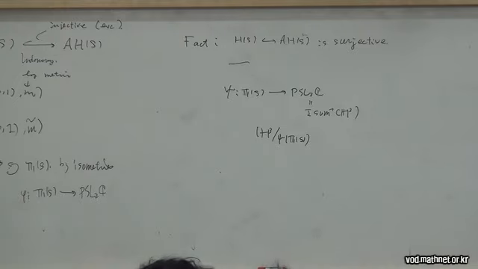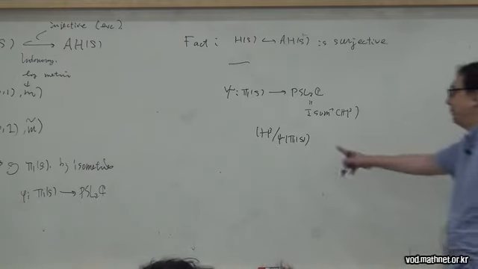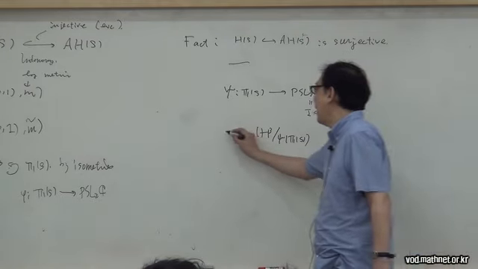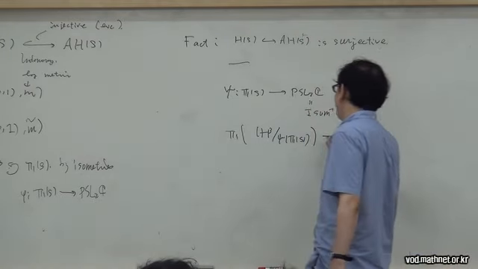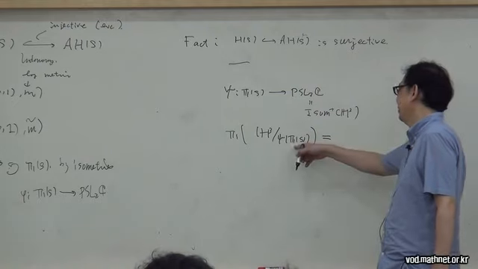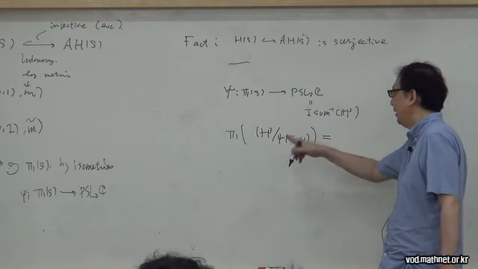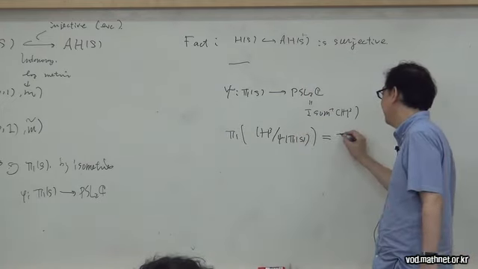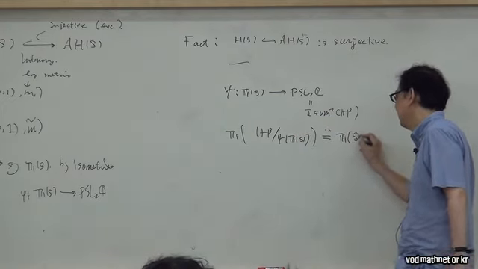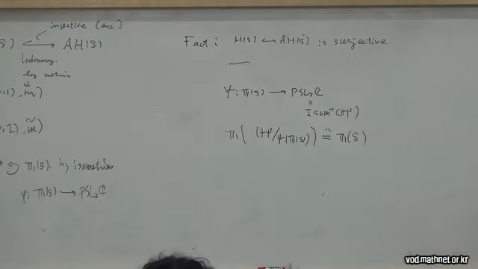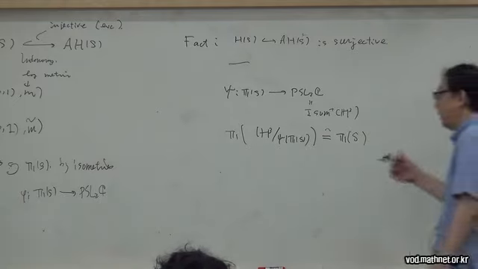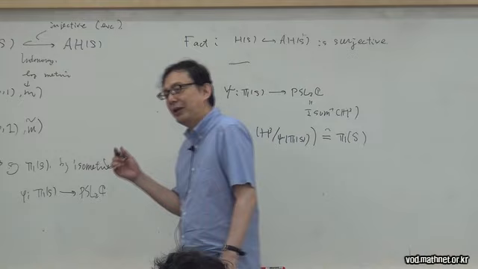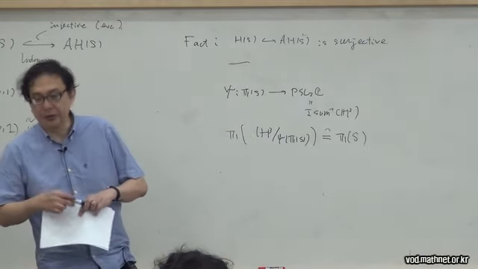So this is a hyperbolic 3-manifold, and pi 1 of this one is evidently isomorphic to pi 1 of S, because this is a covering translation. Psi is injective, so that it's just pi 1 of S. So you have a hyperbolic 3-manifold whose fundamental group is pi 1 of S.